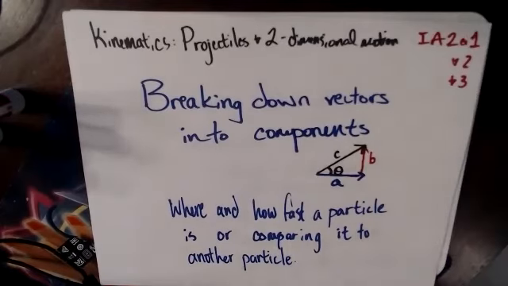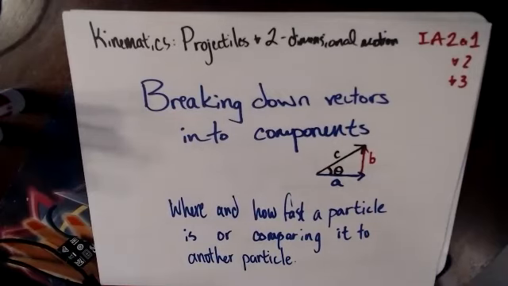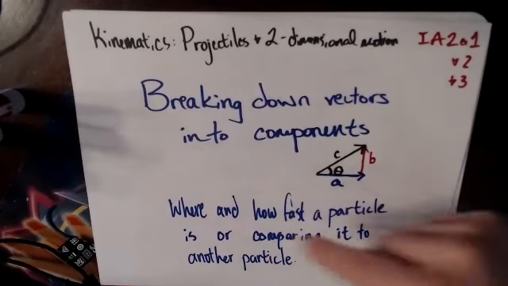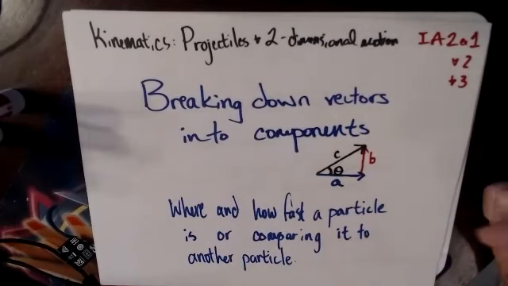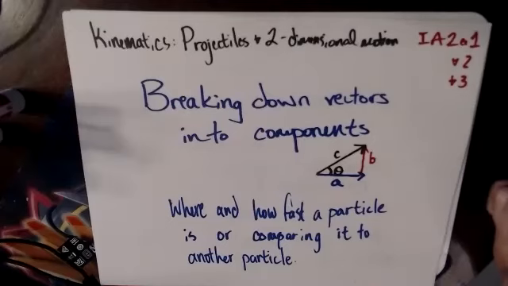So the next objective would bring us into projectiles in two-dimensional motion. Breaking down into components. Where is and how fast is a particle moving, comparing it to another location or particle. The common question that we do here is that football question, the soccer ball, where it kicks the soccer ball and tries to figure out whether or not it goes over or hits the wall.